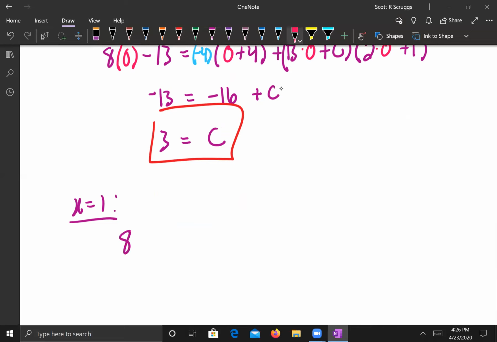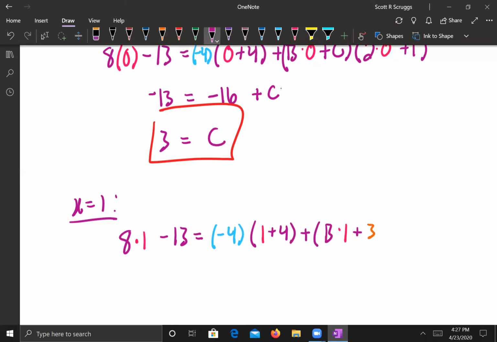So 8 times 1 minus 13 equals, I already now know that a is negative 4, so I'm using that now, times 1 plus 4 plus b times 1 plus c, which I now know is equal to 3, and I use that now, times 2 times 1 plus 1.